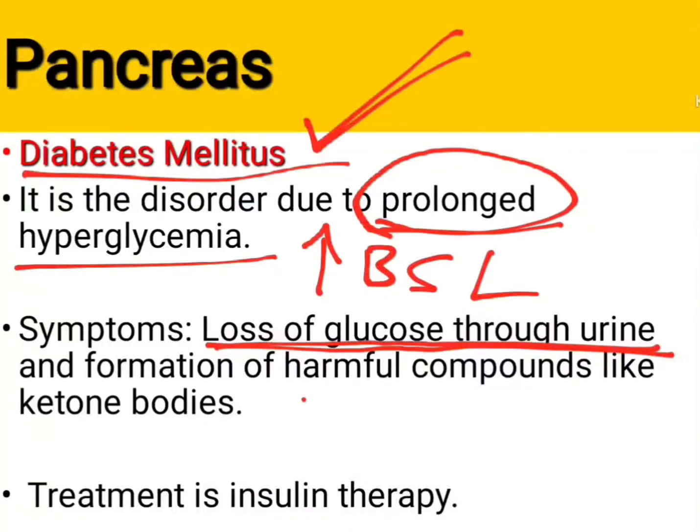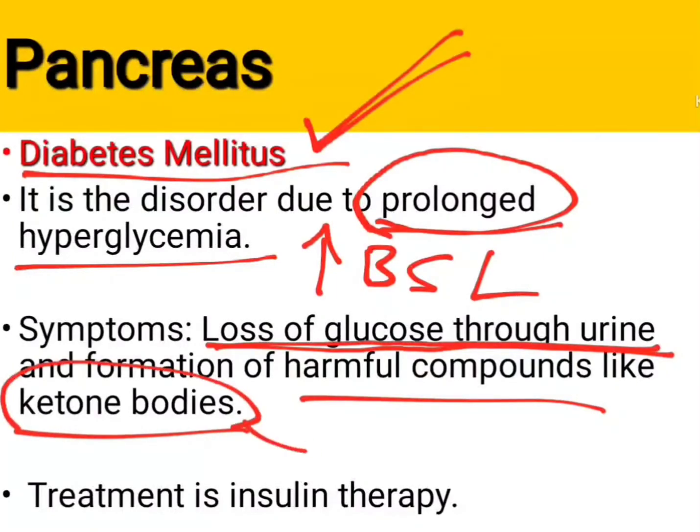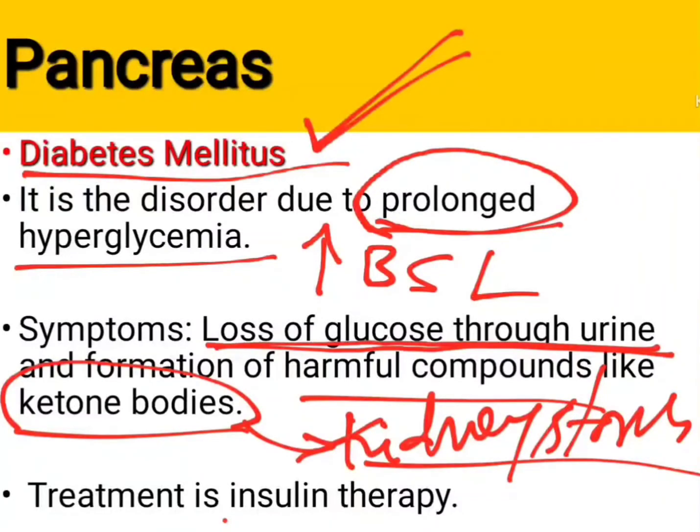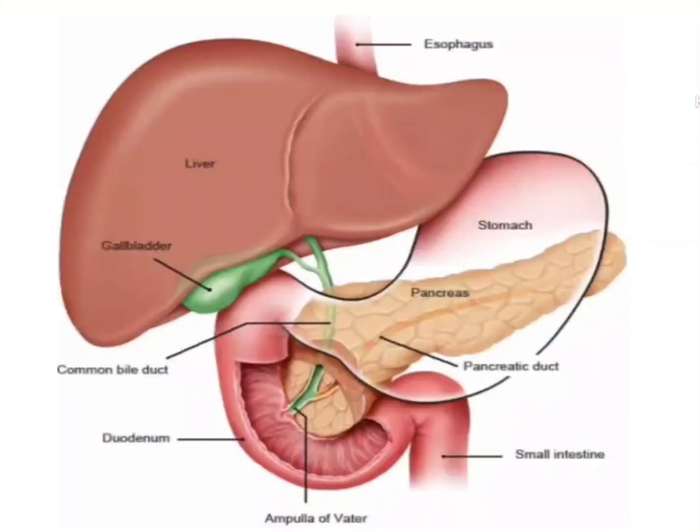It also leads to the formation of harmful compounds like ketone bodies, which will further lead to kidney stones. So what is the treatment for this disease, diabetes? The treatment is insulin therapy. That is, the person has to take insulin from an external source through injection.